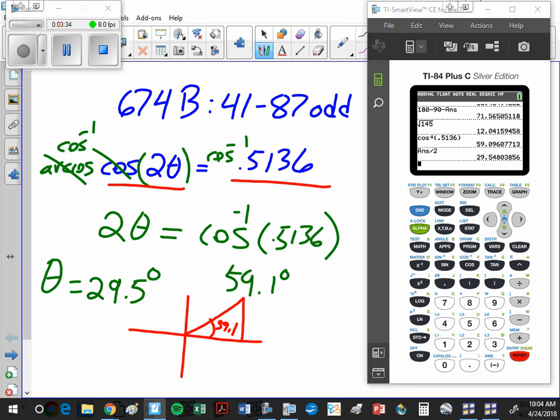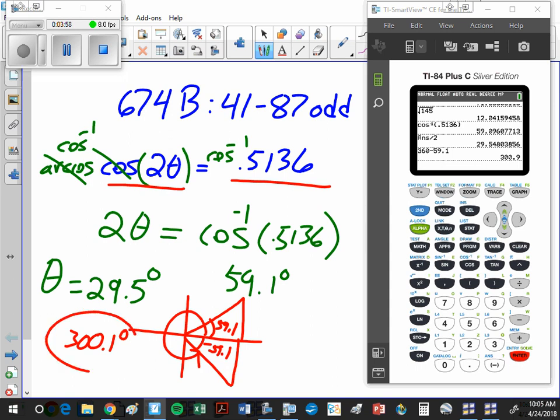Okay. Where else is the cosine positive? Quadrant 4. So this angle would be negative 59.1, or the positive version of it would be 360 minus 59.1, which is 300.9 degrees. Okay?